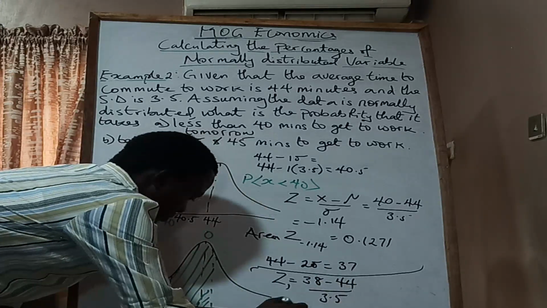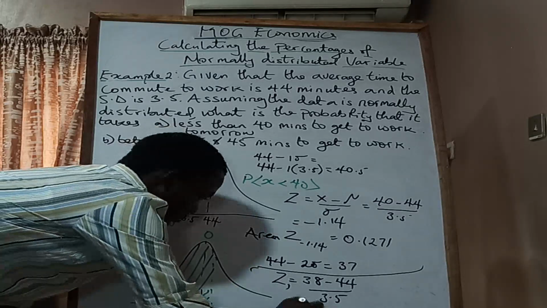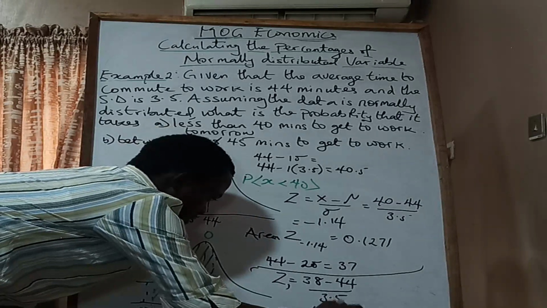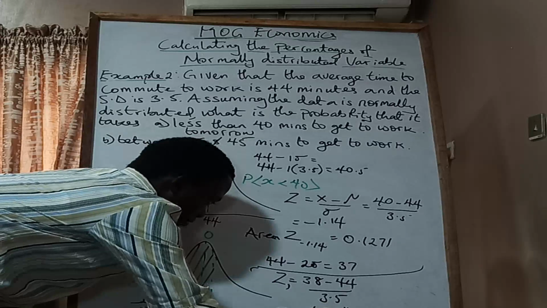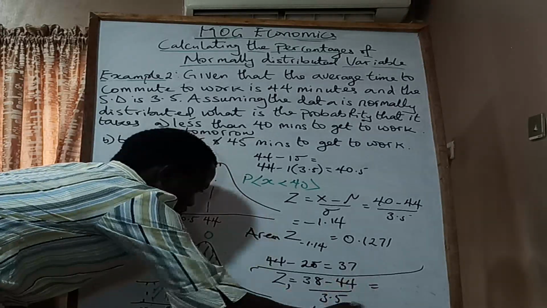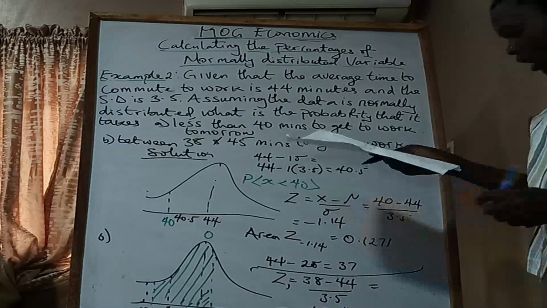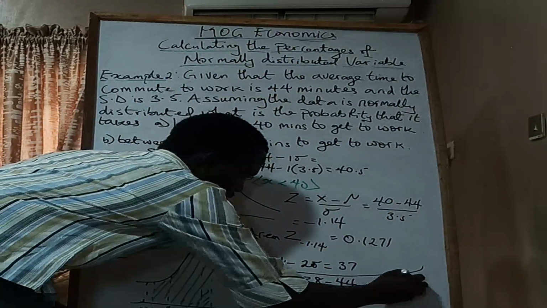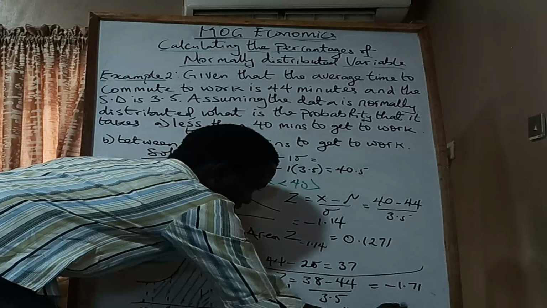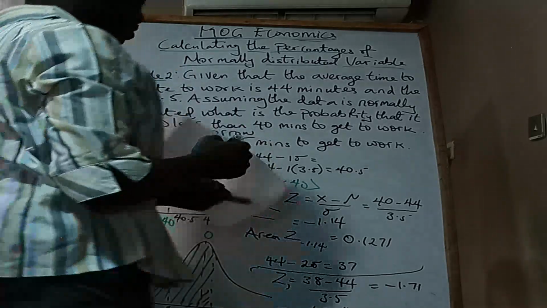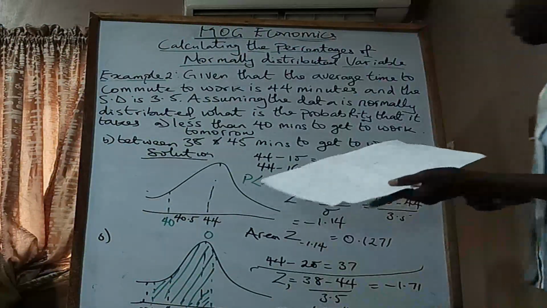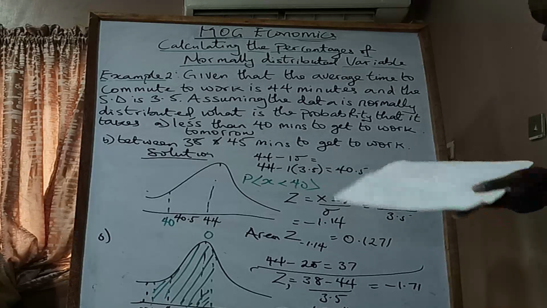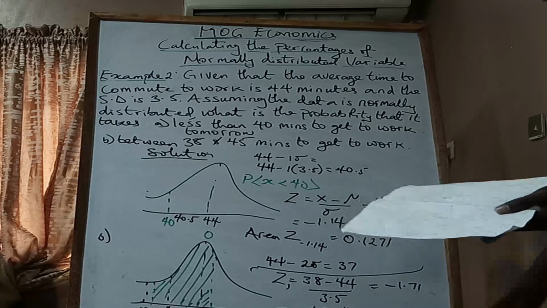Then z2 is 45 minus 44 over 3.5 standard deviation. So z1 and z2 are minus 1.71 and 0.29. Please ensure that you are using your z-score table so that if I make any mistake, then you can easily correct me. Okay, so these are the z-scores.